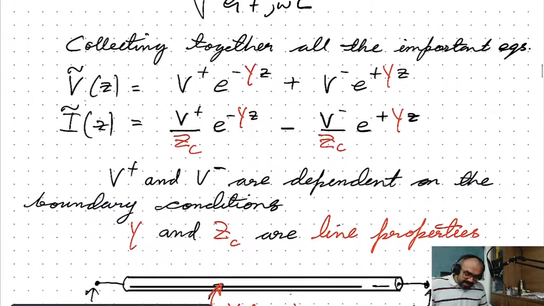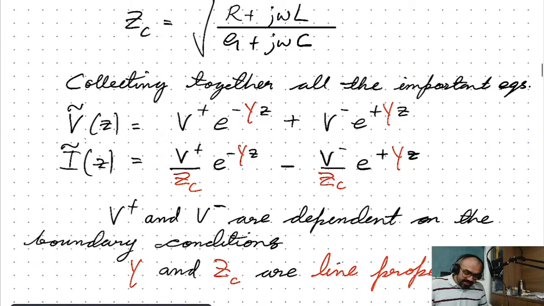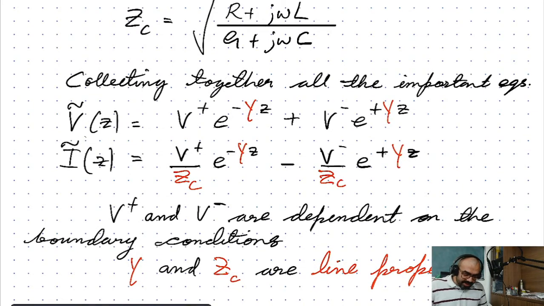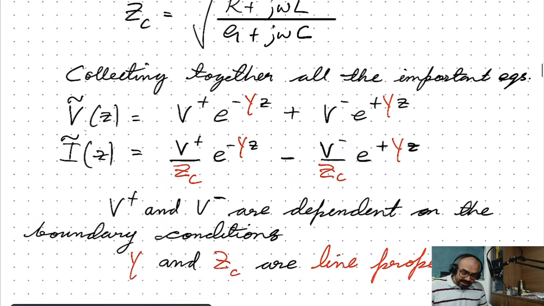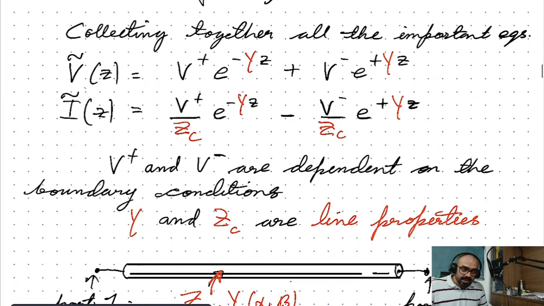So to summarize, this is what we have done. We know that the expressions for the voltage and current are given thusly, where gamma and ZC are properties of the line, and they will never change, regardless of what you're doing at the source or the receiver end.